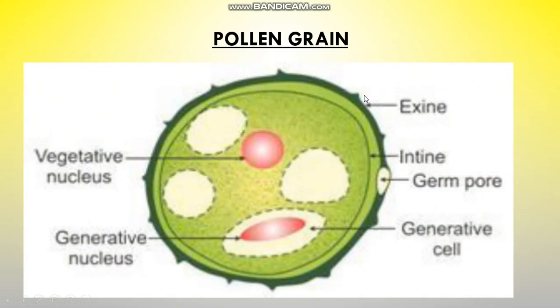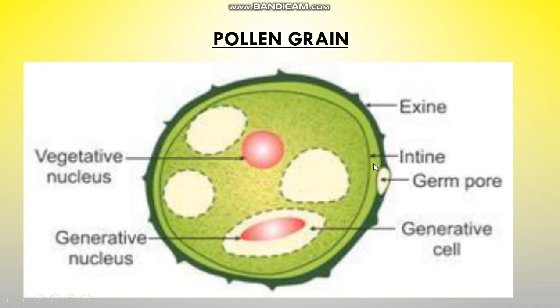Now in exine, you can see the exine is not thick all over. At certain points, the sporopollenin is absent. These regions where the sporopollenin is absent are known as germ pores. Here in the diagram only one is shown. There are more, at different intervals.